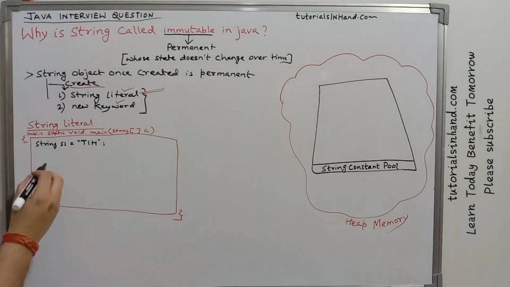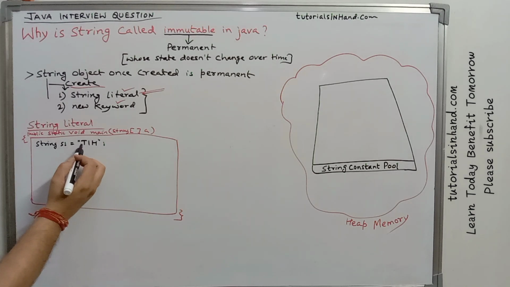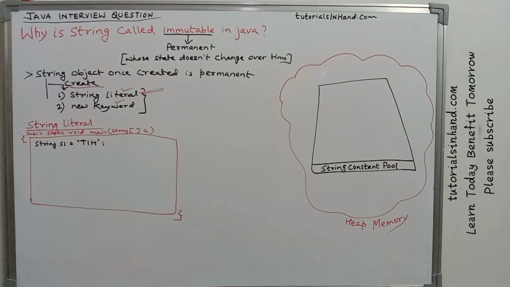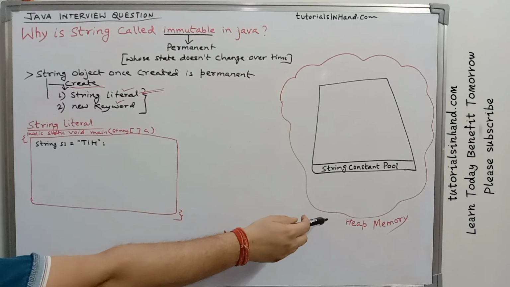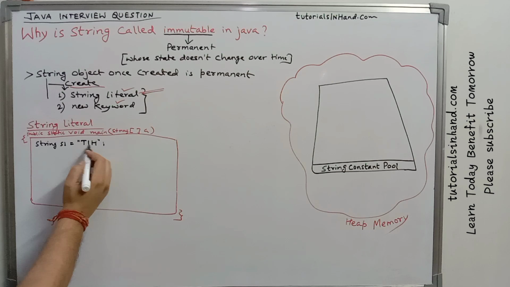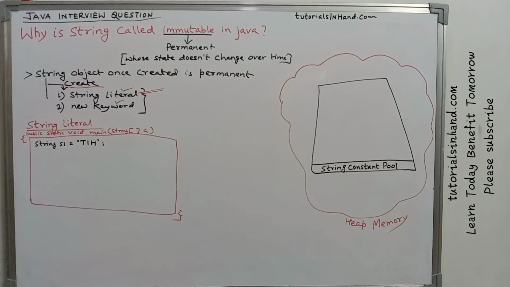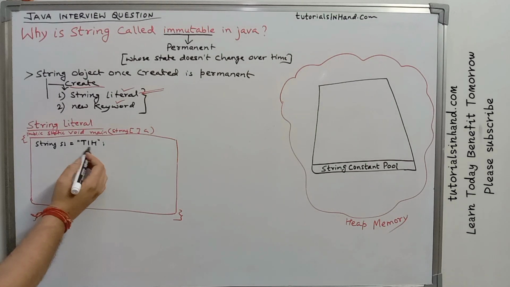Now when you create this string s1 = "TIH", let's see how this impacts the memory. First it will check the string constant pool within the heap memory, to see whether the TIH object is present or not. We can see that the string constant pool does not have this object TIH.